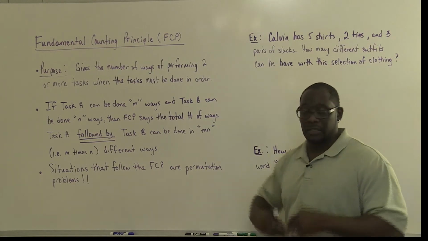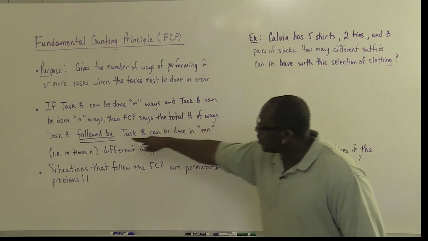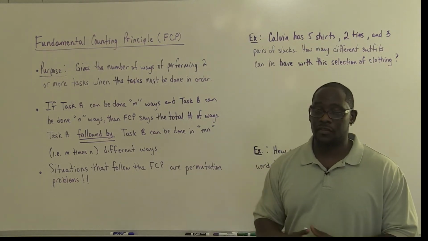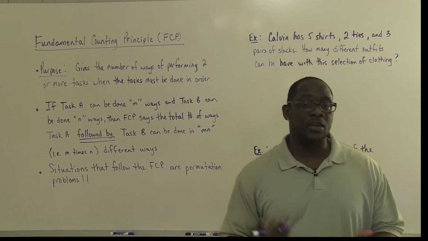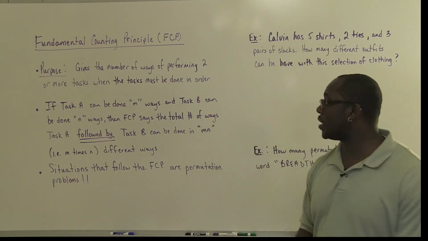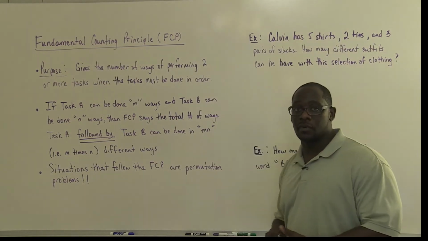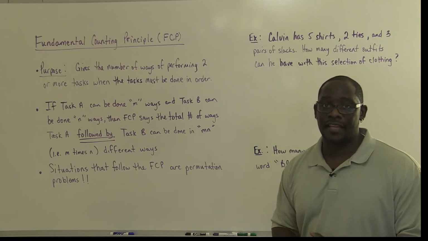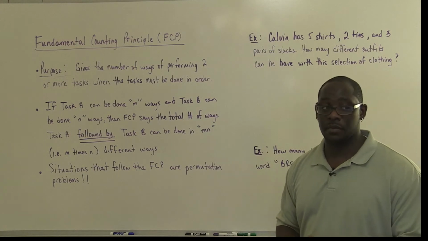And so by knowing that this says task A followed by task B, that is implying that order matters. And so because of that, whenever we see problems like that, we inherently know that that's a version of a permutation type problem, okay?